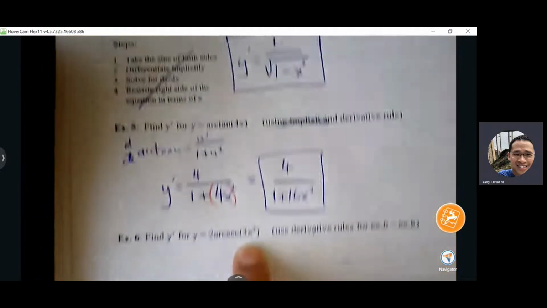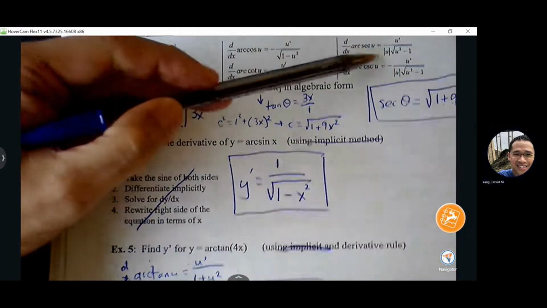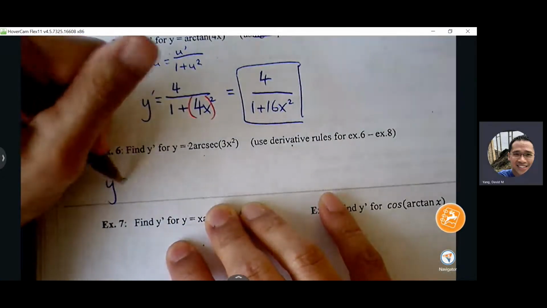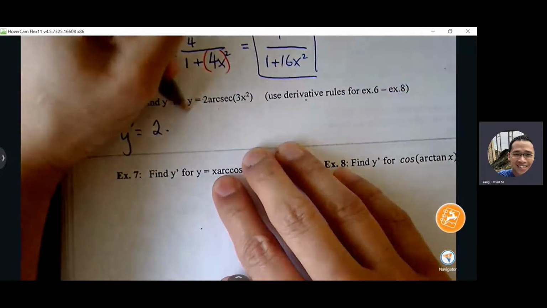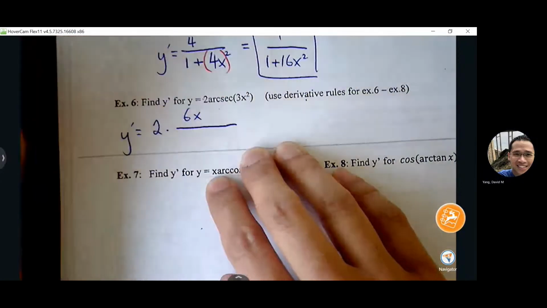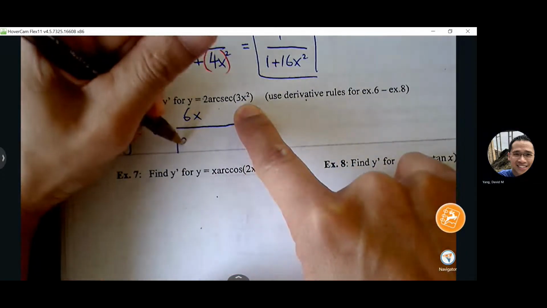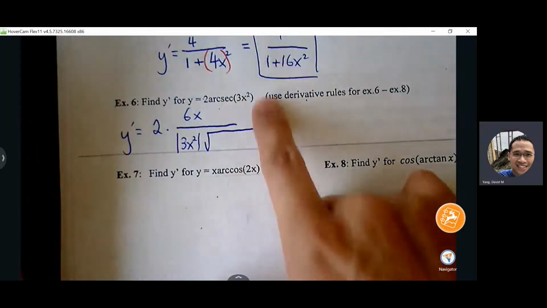Okay. So arcsecant, the 2 is going to stay in front, and then it'll be u prime. So what's u prime going to be? 3x squared becomes what? 6x, divided by the absolute value of u times the square root of u squared minus 1.